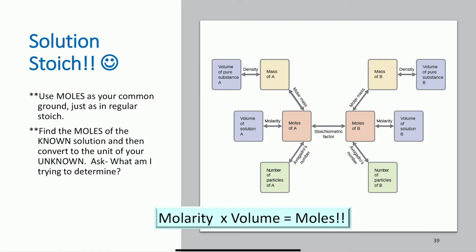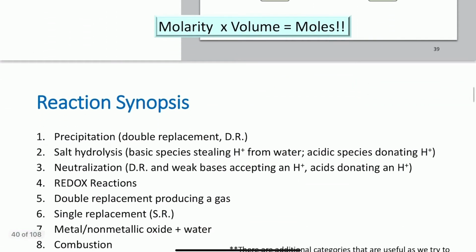Molarity if you have a solution. And then, of course, Avogadro's number if we're given number of particles, ions, etc. But we're still converting between moles because, again, we have to compare moles to moles here. That's like comparing apples to apples. And don't forget, molarity times volume gives you your moles. We do this calculation all the time.